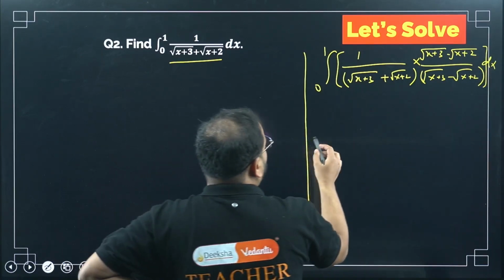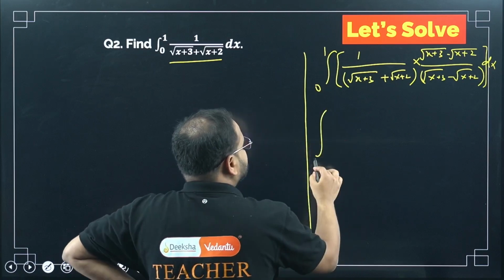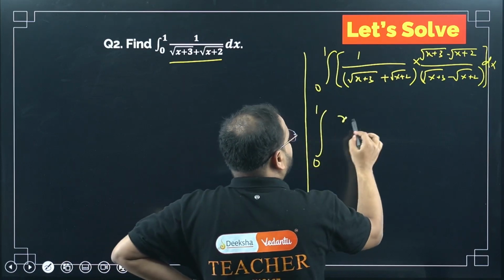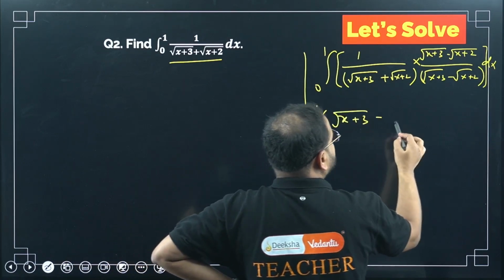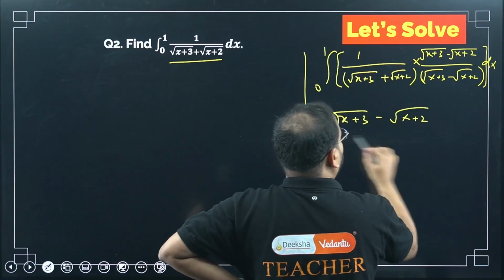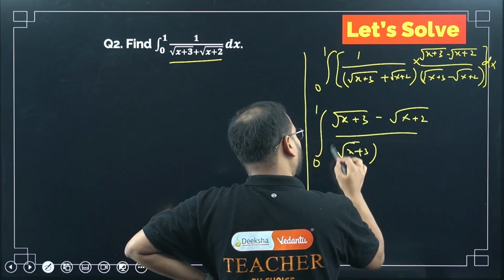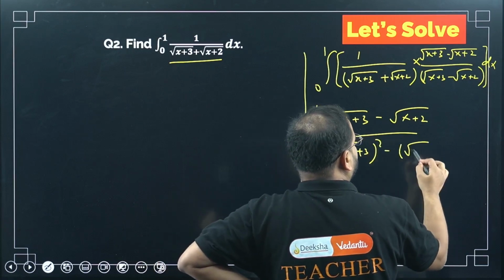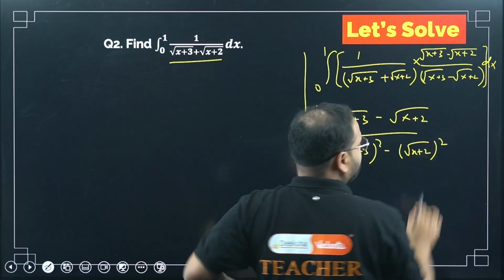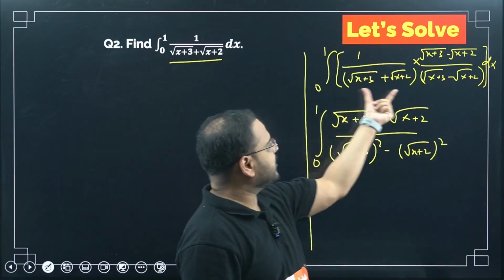Let's see now what I'm going to get. This I'll get as integral from 0 to 1 of root of x plus 3 minus root of x plus 2 upon root of x plus 3 the whole square minus root of x plus 2 the whole square. Please have a look: a plus b, a minus b.